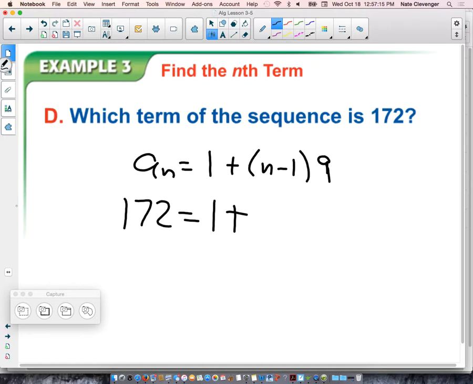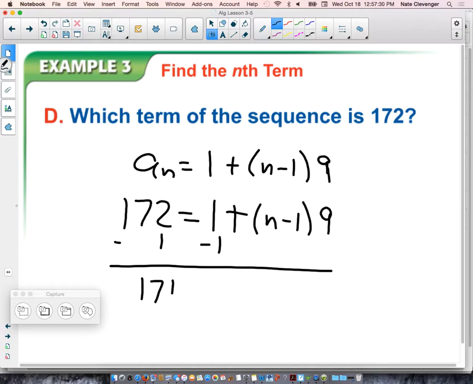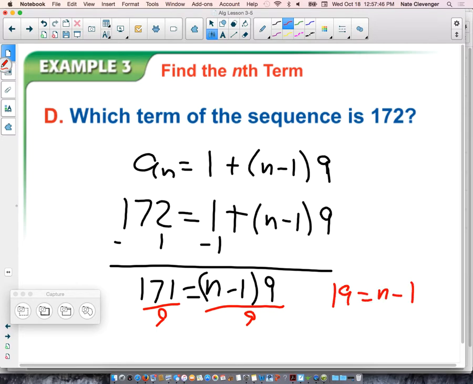You could distribute the 9 through, but then you'd have to undistribute it, so I'm going to leave that alone and subtract the 1. 171 equals n minus 1 times 9. Not yet, I would divide by 9, which gives 19. So 19 equals n minus 1, so n would have to be 20.